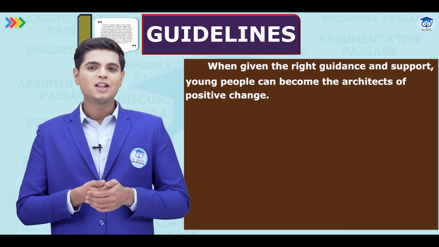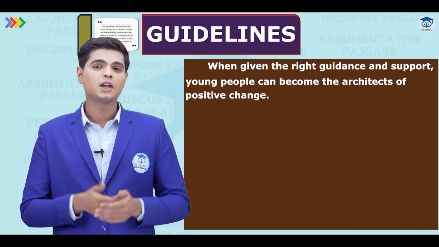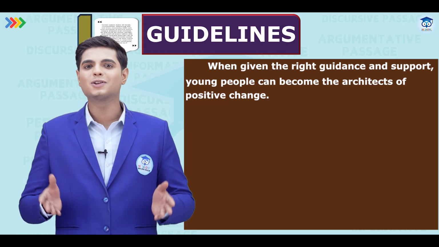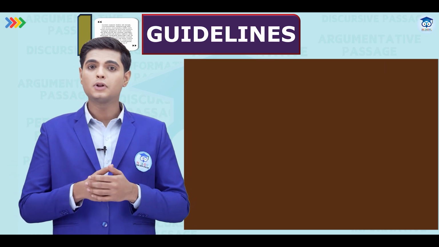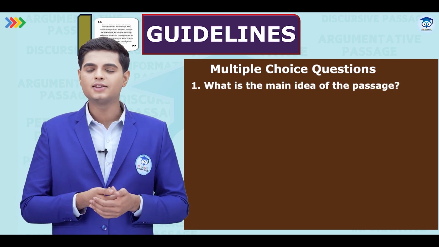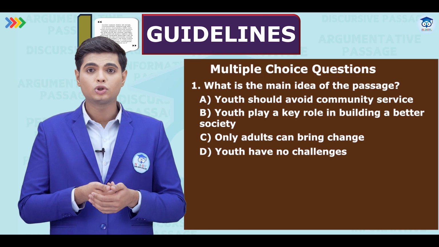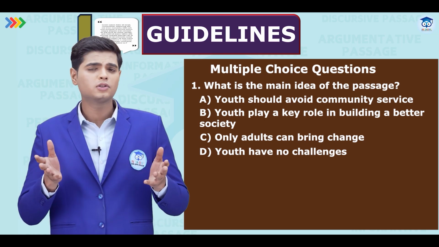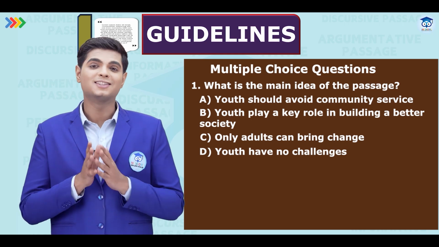Alright class, let's go through these questions together to check our understanding of the passage about the role of youth in building a better society. Multiple choice questions. First up, what do you think is the main idea here? Is it that the youth should avoid community service, or that they play a key role in building a better society? Yes, exactly.